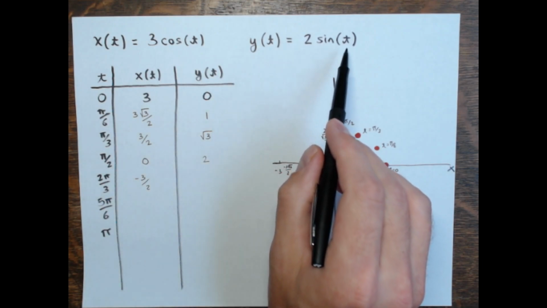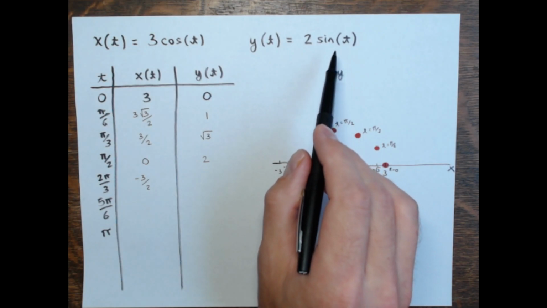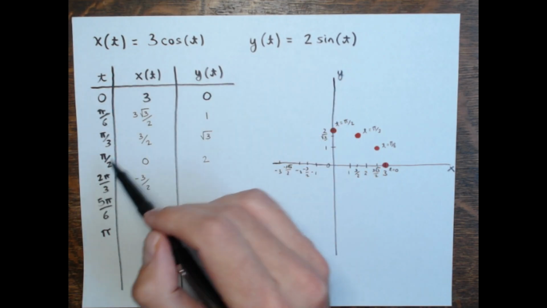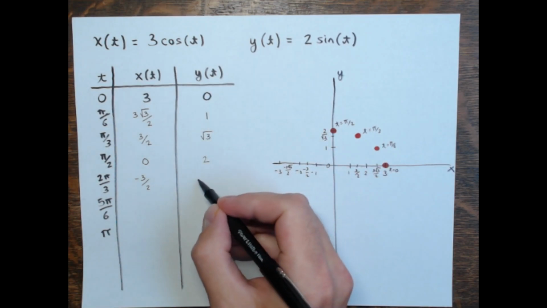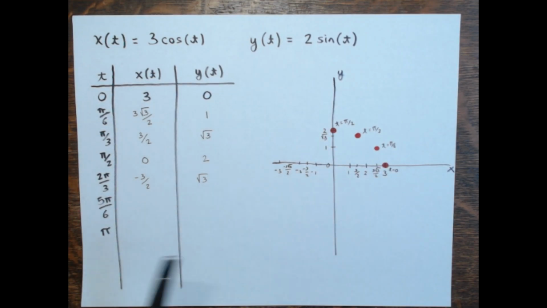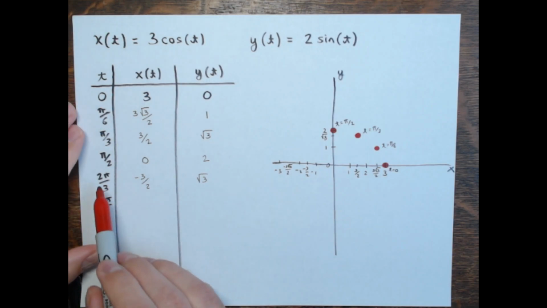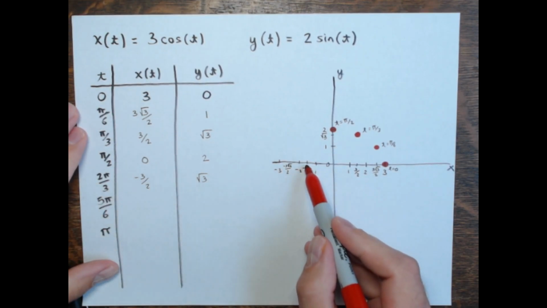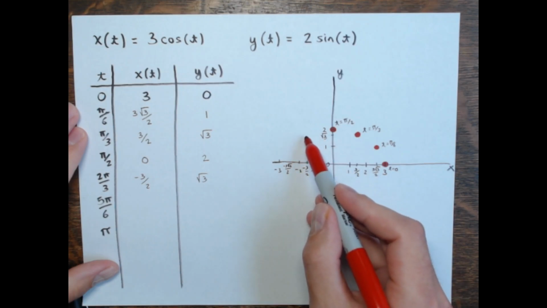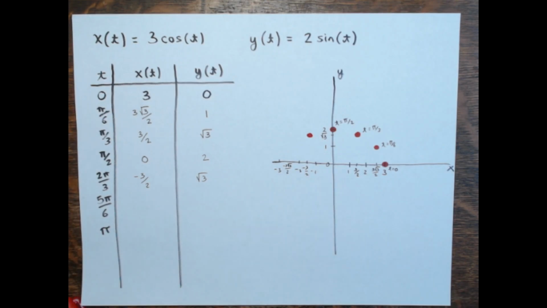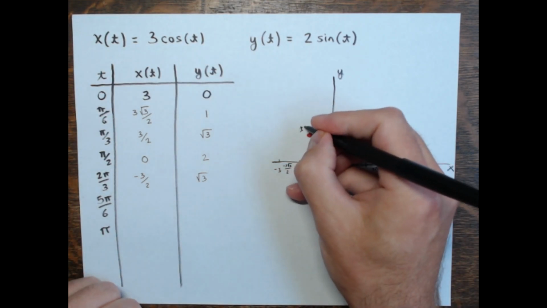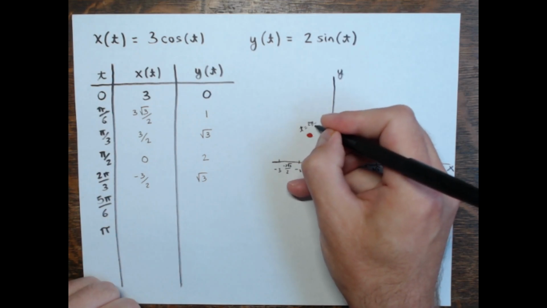And then the sine of 2 pi over 3, that's positive, since the sine is positive for quadrant 2 angles. That was positive square root of 3 over 2 times 2, so positive square root of 3 again for the output. So at this value of t, we're at the location negative 3 halves, positive square root of 3, so over here. So here's when t equals 2 pi over 3.